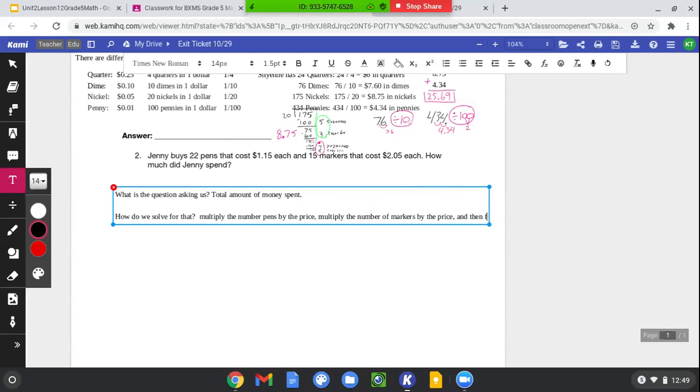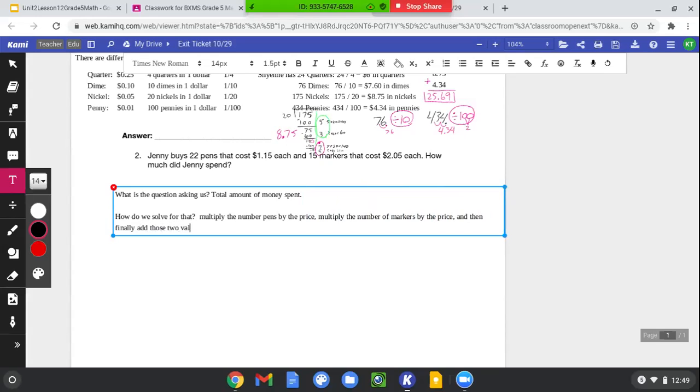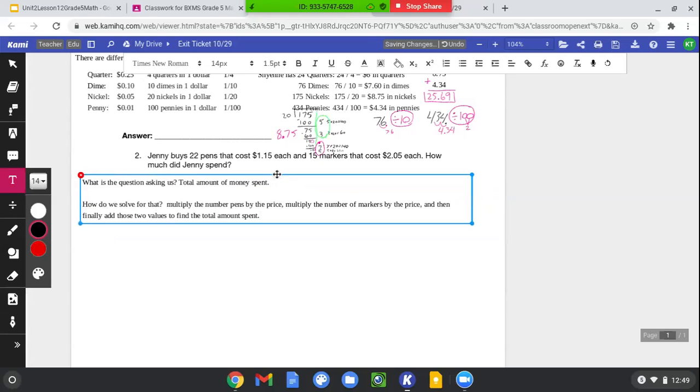And then finally, add those two values to find the total amount spent. That's our game plan.